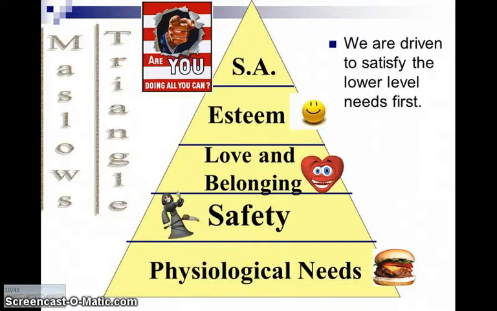All of their needs for the most part are taken care of. Love and belonging. They have a family. They feel good about themselves, esteem-wise. The job's going fine. Everything's good. Then the economy goes sour. When the economy goes sour, businesses go under, and the next thing you know, here's a person in their 40s or 50s who loses their job.